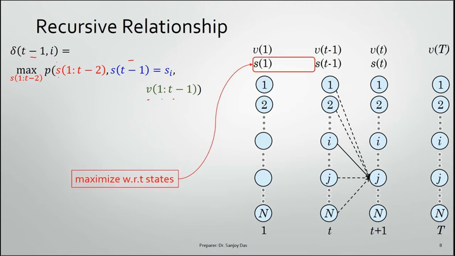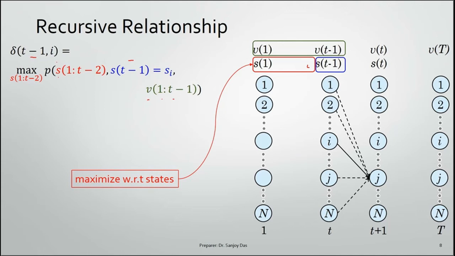I haven't shown ST minus 2 here because it could look too congested, but this is what we are maximizing over. And this is the current state. And this is the set of outputs until the present, past and the present. So this is delta T minus 1 i.